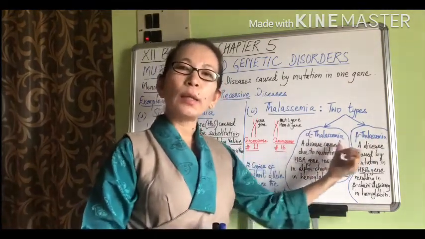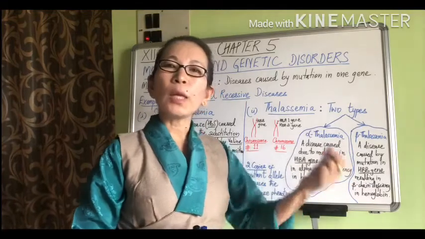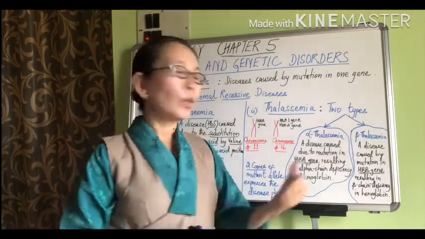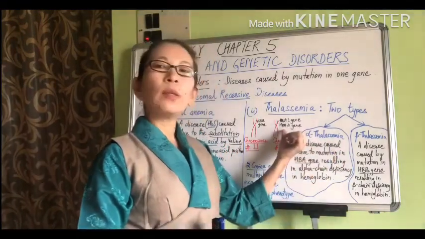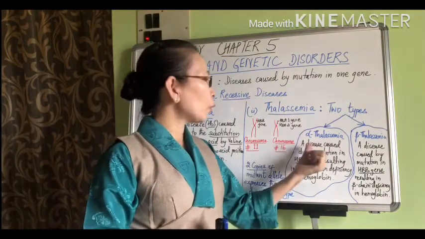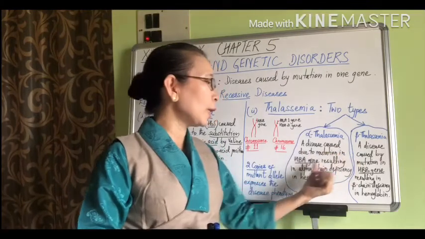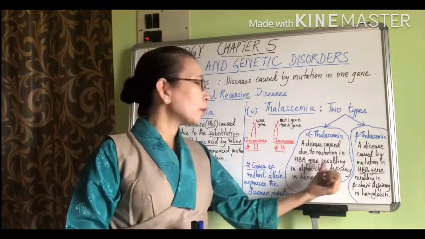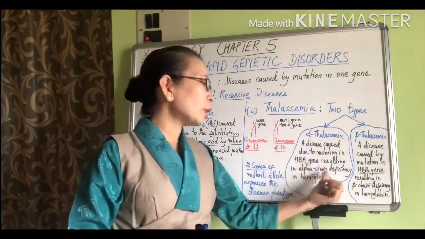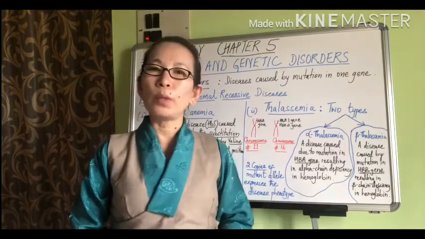So alpha thalassemia, alpha in reference to the alpha chain. And we know that the alpha chain is encoded by the HBA gene. So alpha thalassemia is a disease caused by mutation in the HBA genes, resulting in alpha chain deficiency in hemoglobin.